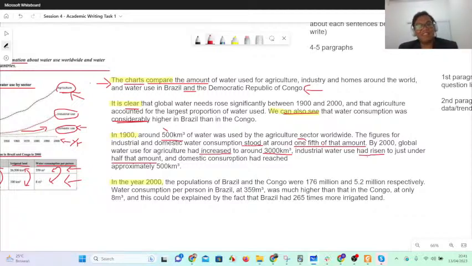Maybe that's still something that we could improve. And domestic consumption had reached approximately, and you can see also here, right? The adverb approximately, at around, to around, right? So this one, two repetitions. This one, two repetitions, with the numbers, right?